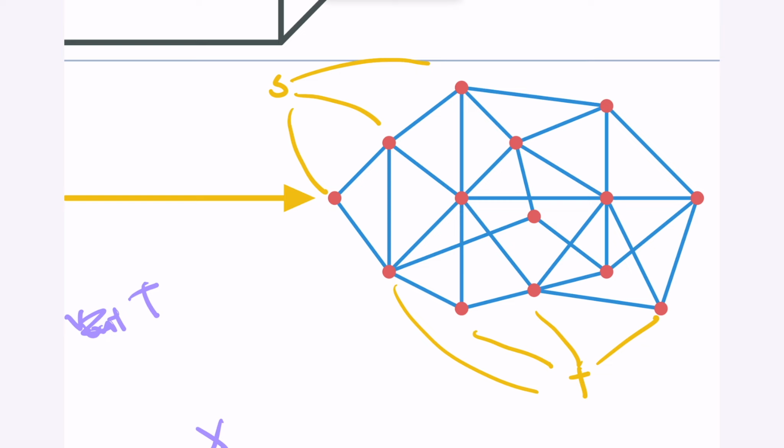Okay, but now we want to be a little bit careful because we don't want the Hamiltonian path to go like this. We can add more sources. Yeah, something like this. And now the only way to get to S prime and T prime is to start and end there.